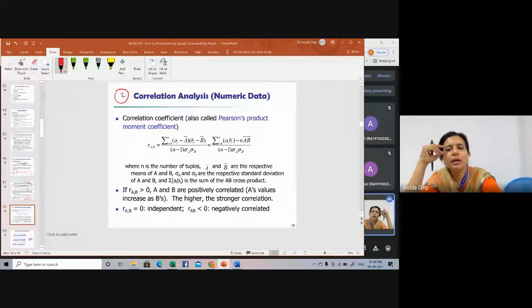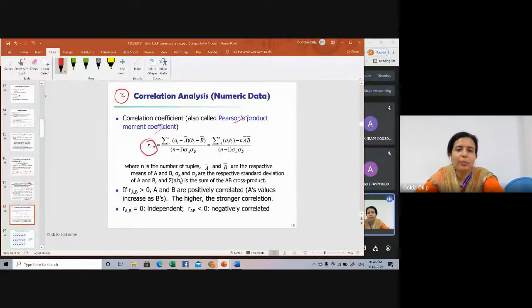For numeric attributes, we evaluate the correlation between two attributes, let's say A and B, by computing the correlation coefficient, Pearson's product moment coefficient, R of A comma B. If this is greater than 0, they are positively correlated: when A increases, B also increases, and there is a strong correlation. If it is less than 0, it is a negative correlation, otherwise they are independent. That's what correlation analysis tells you.